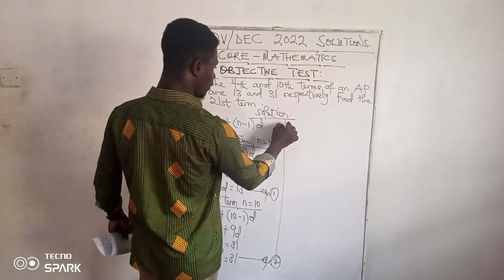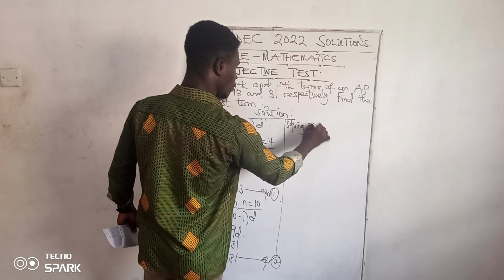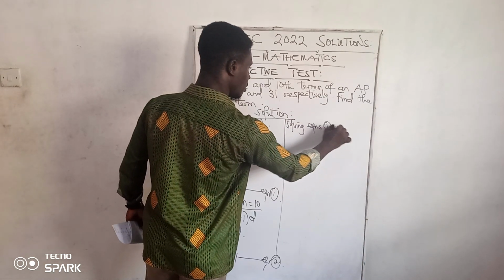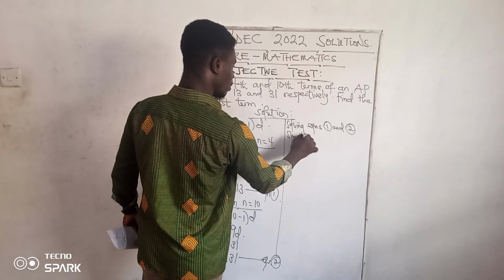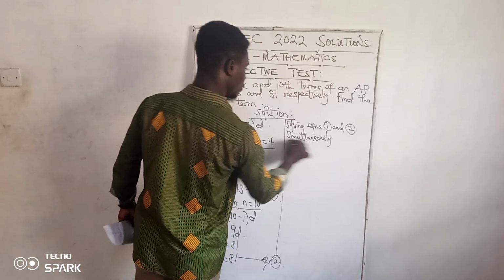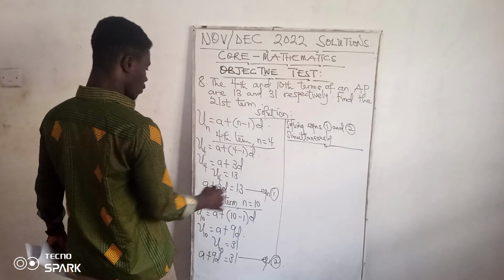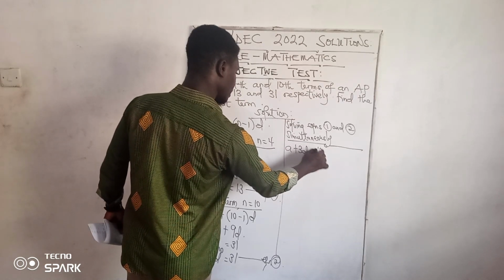So we have solving equations 1 and 2 simultaneously. So I have a plus 3d equals 13.